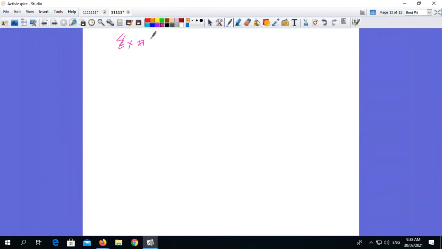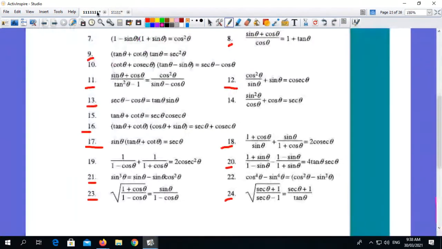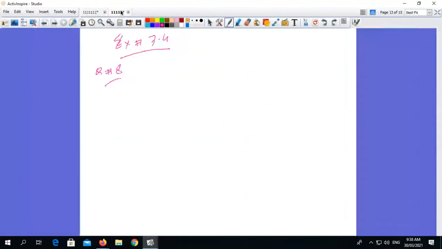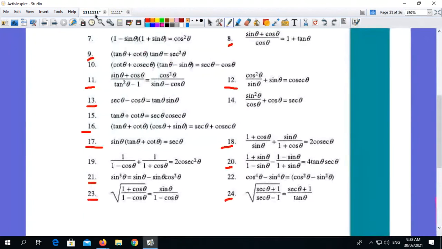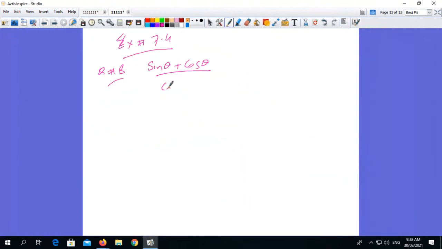Exercise number 7.4, question number 8. What is question number 8? Sin theta plus cos theta divided by cos theta equals 1 plus tan of theta.